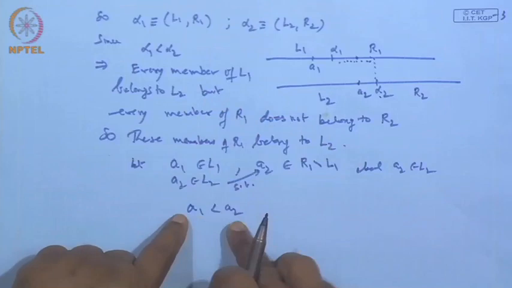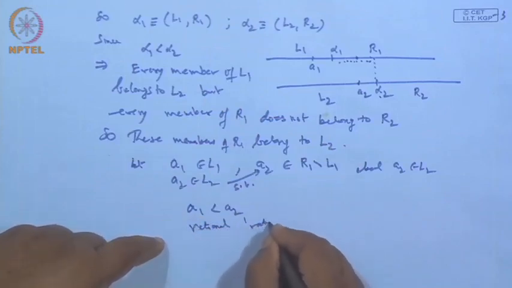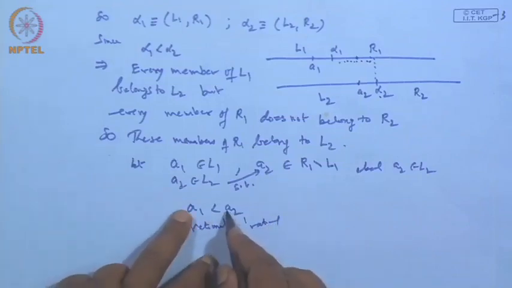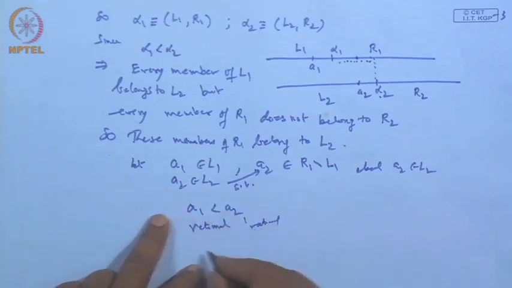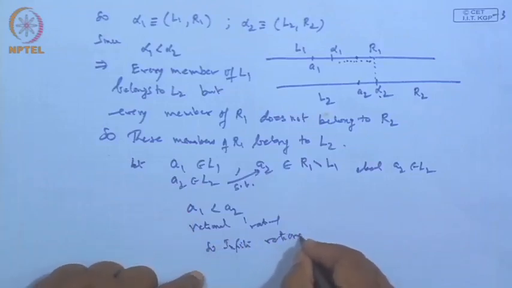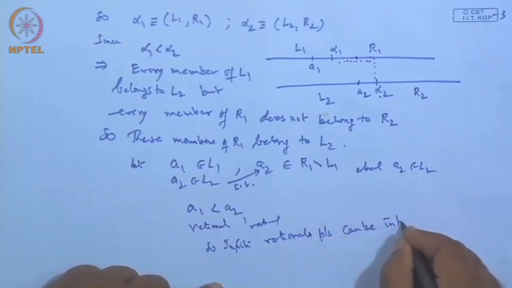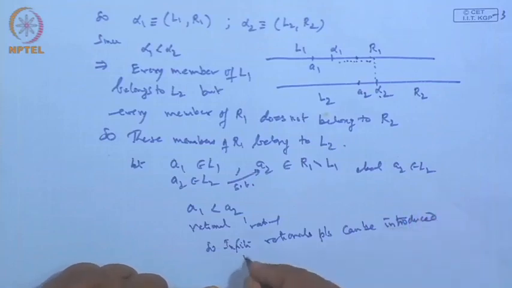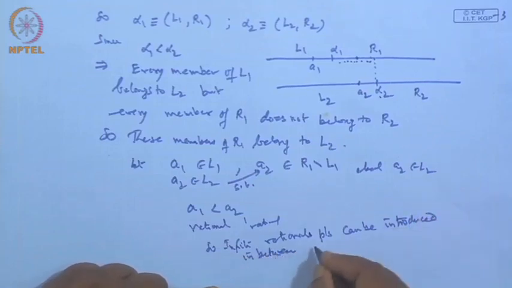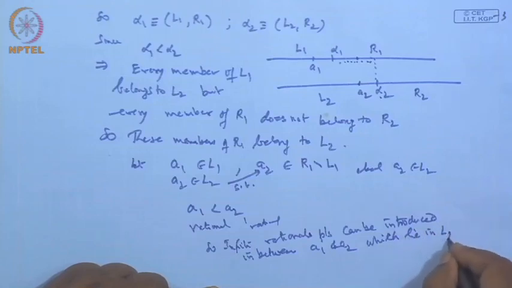So, if A 1 and A 2 are rational, then we can introduce infinite rational points in between A 1 and A 2, which lie in L 2. Is it okay or not?